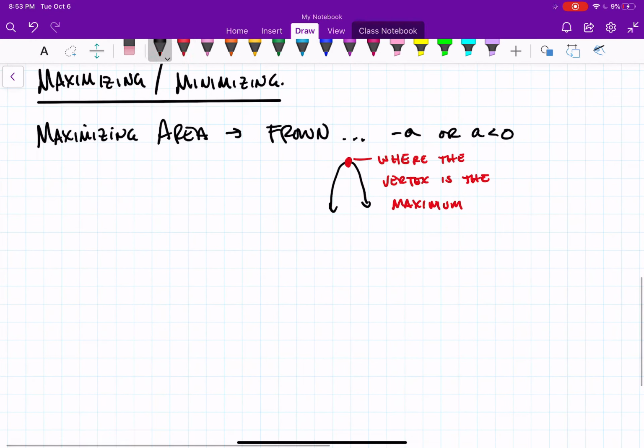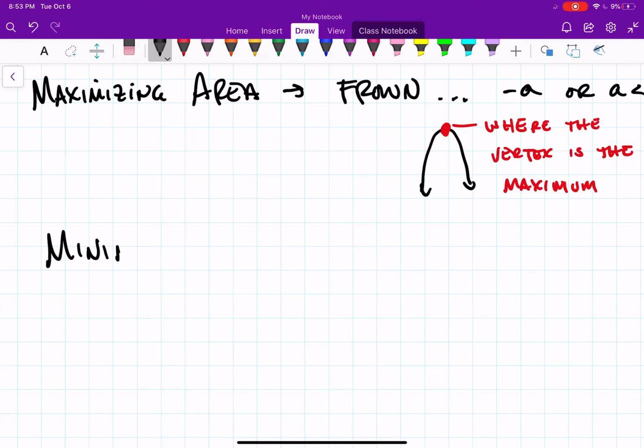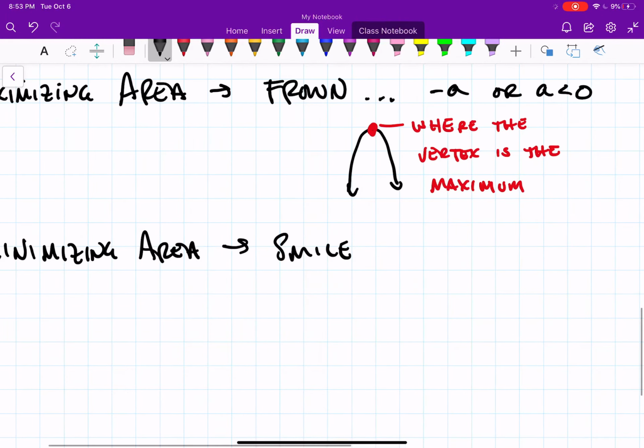And if I was minimizing the area, I would use a smile, which means that I'm going to have a positive a, or that a is going to be greater than 0.